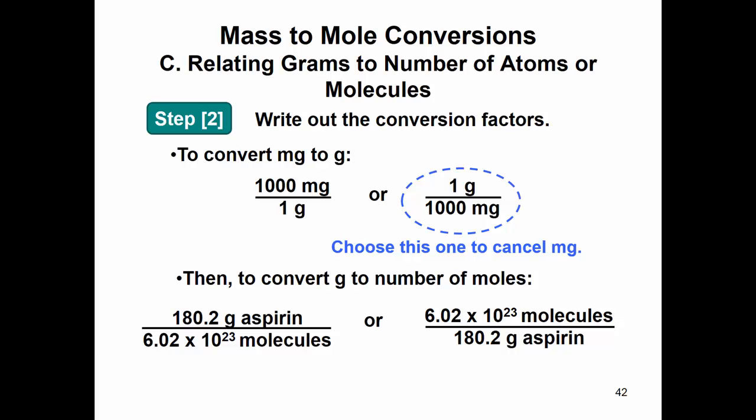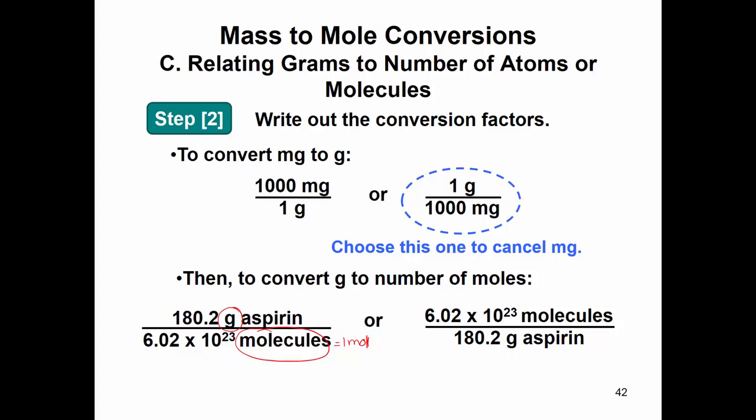Then we're going to need our conversion factor, where we have 180.2 grams per 6.02 times 10 to the 23rd molecules. We need a common relationship because we're given grams and we're looking for molecules. We used to just plug in 1 mole, but we know 1 mole is the same thing as Avogadro's number.